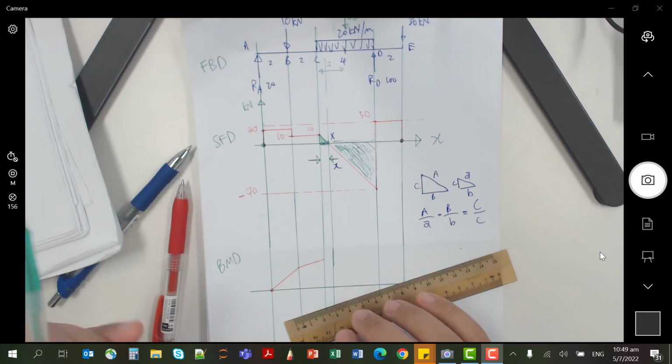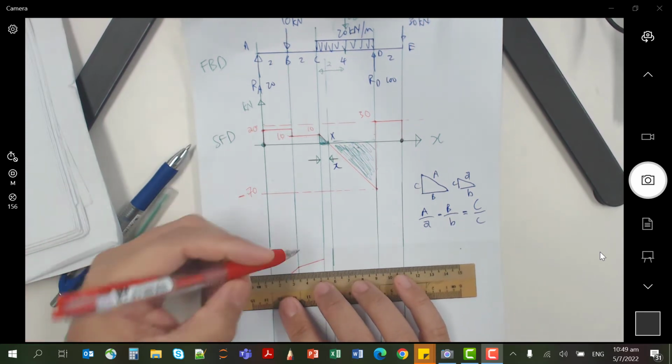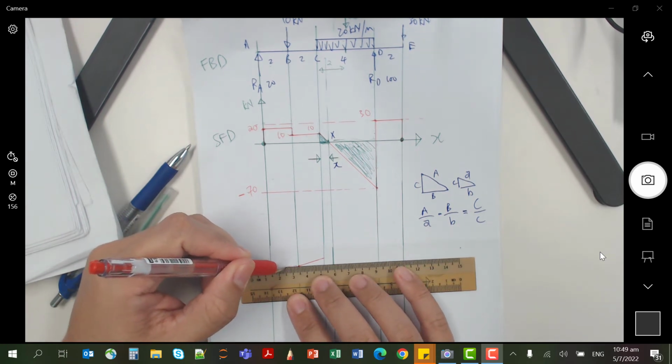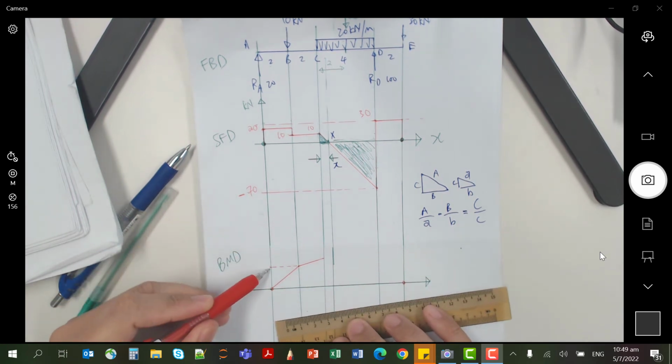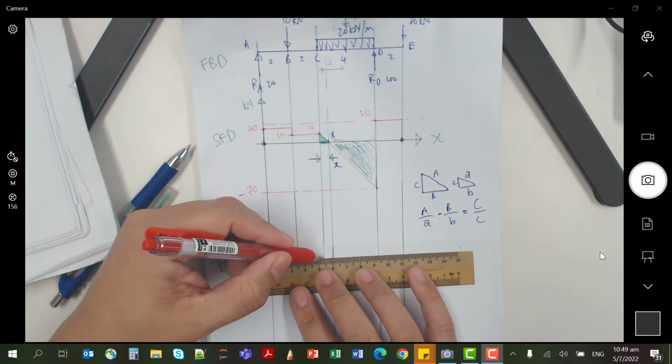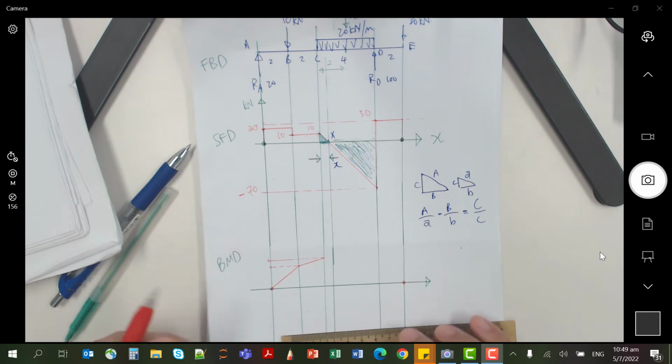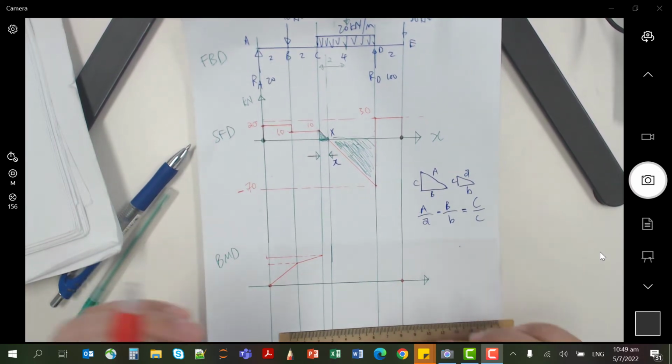Then you're going to ask me, so what is the value of this at this point here? What is this value? And also what is this value? Straight and simple answer.